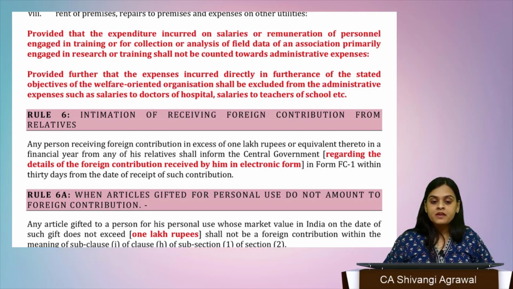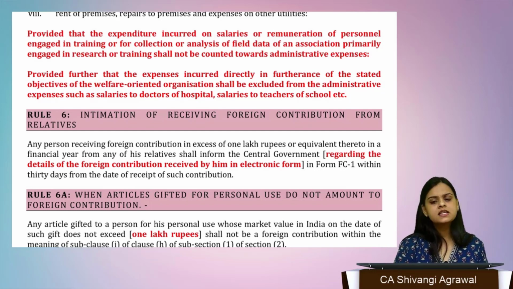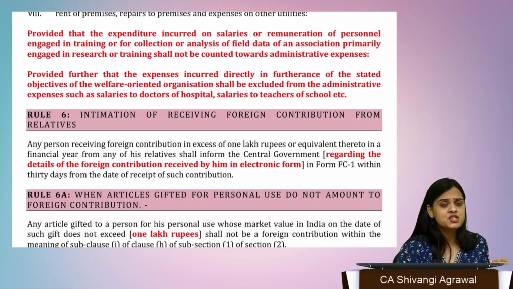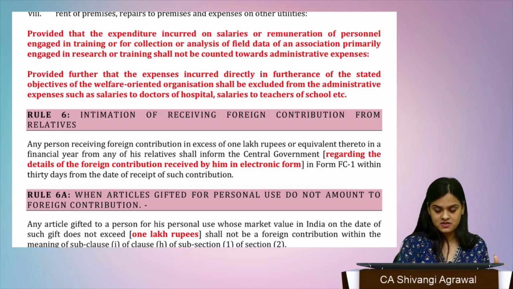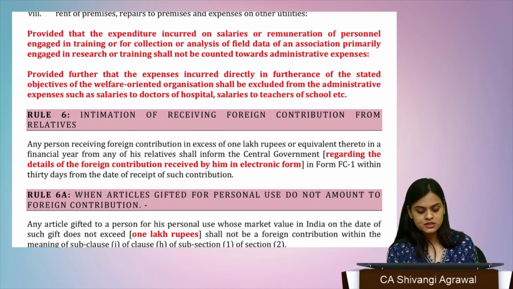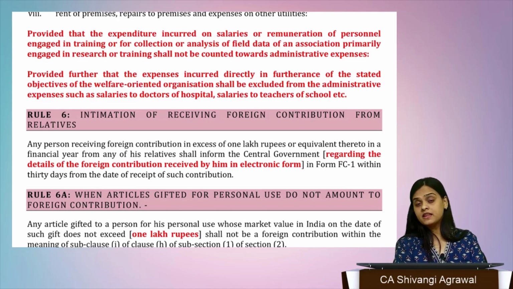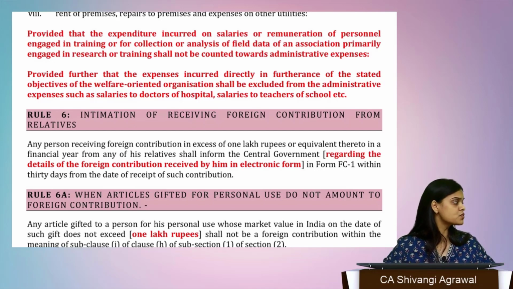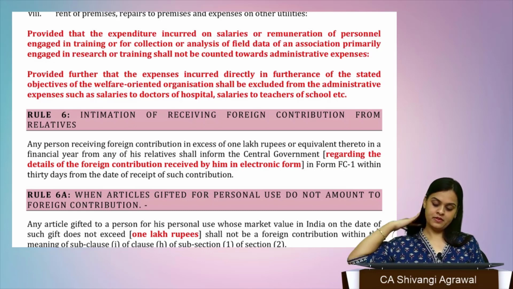See, undoubtedly, when I'm talking about administrative expenses, if you're hiring staff for management of things, it can be treated as administrative expense. But if you have opened a school and you are paying salary to a teacher, it is your direct objective. That cannot be treated as administrative expense. So that has been clarified through this proviso: on salaries of teachers or doctors in the hospital, you can pay any amount that you want from that foreign contribution. It does not restrict the amount, considering it to be administrative expense.